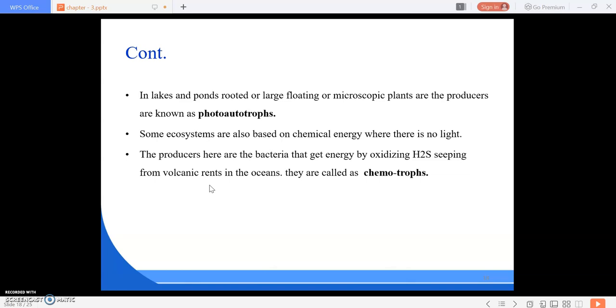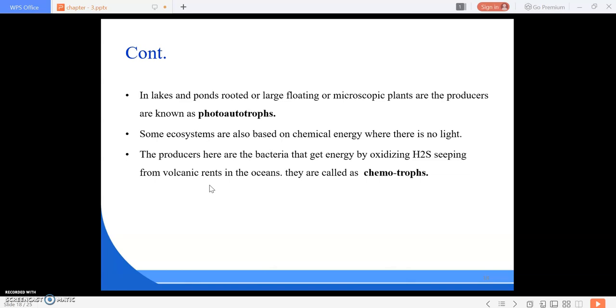So some ecosystems are also based on chemical energy where there is no light, because the trees are using light from the sun, and from that source they produce the food by the photosynthesis process. Okay, so next are the producers. Here are the bacteria that get energy by oxidizing H2S seeping from volcanic vents in the oceans.